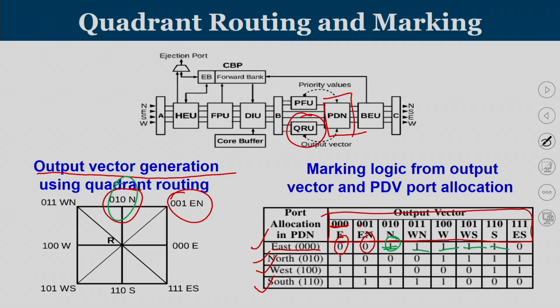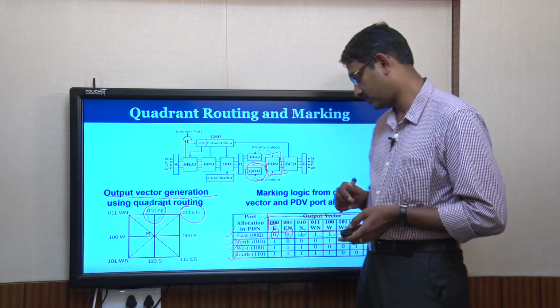The quadrant vector is nothing but a 3-bit value that indicates the relative position of the destination with respect to the current router. The destination can be either on an axis, exactly east, west, north or south, or in a quadrant where there are 2 possible productive ports to reach that router.